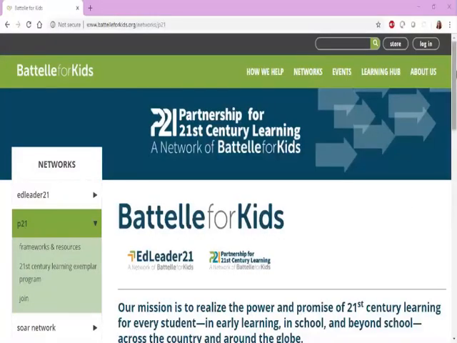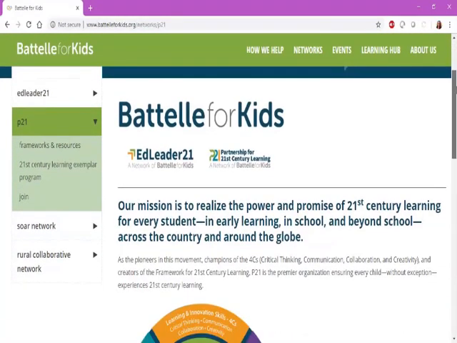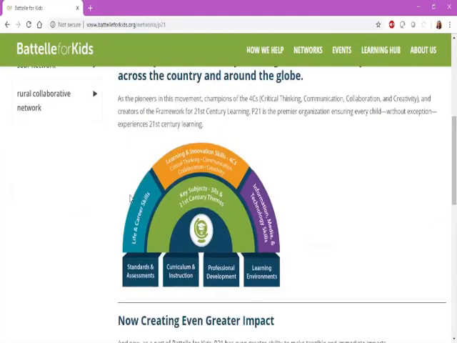Okay. So here it is. This is the P21 Partnership for Learning. You can see here that the 21st Century Learning Framework is right there. It has an impact on learning, career, and information and media literacy.